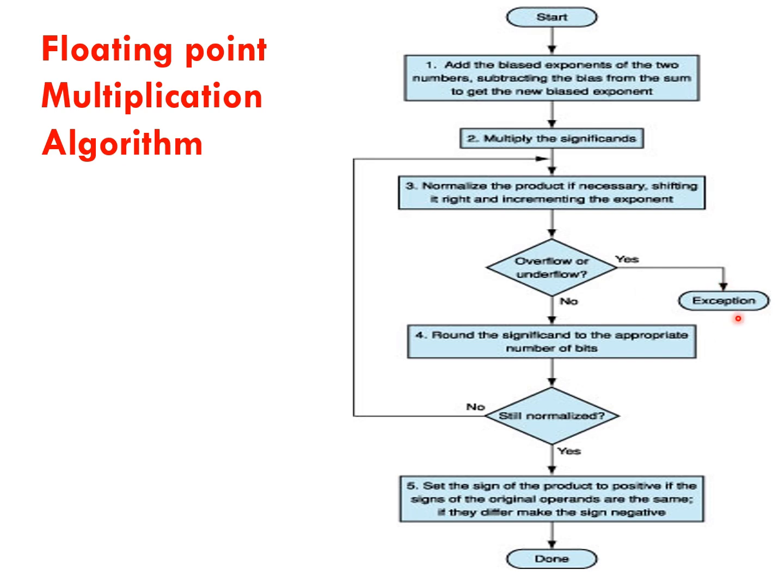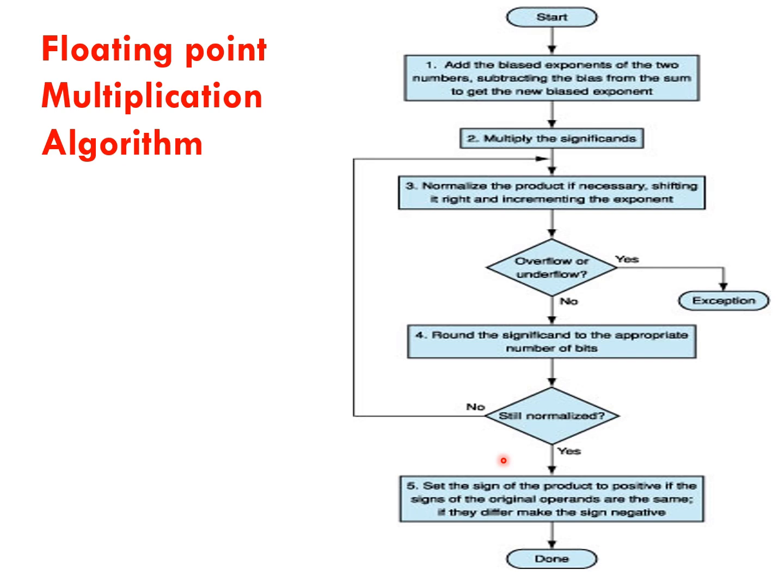And if yes, then it is an exception, the number you are calculating is not right. And if there is no overflow or underflow, then you are rounding, for which I have already shown you the round procedure. And then it asks, is it normalized?